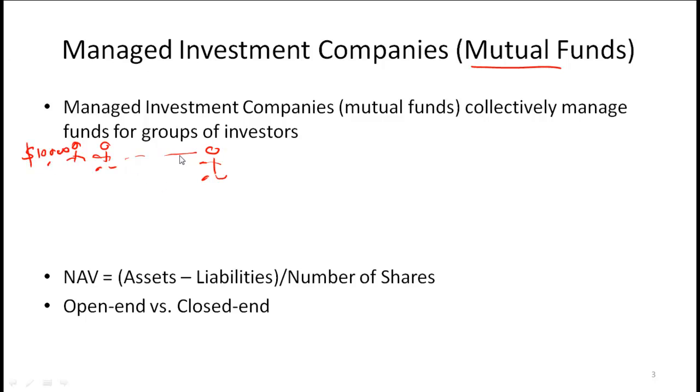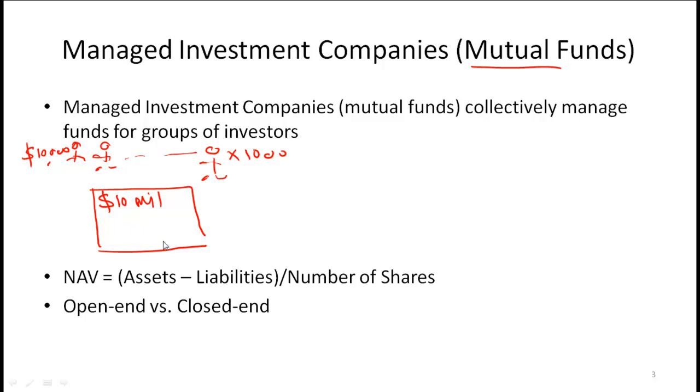So $10,000 times 1,000 investors. Now $10,000 isn't necessarily enough to create a diversified portfolio. So what could potentially happen here is that these investors pool their money together, and the $10 million that is created by pooling this money together is all put into a mutual fund.